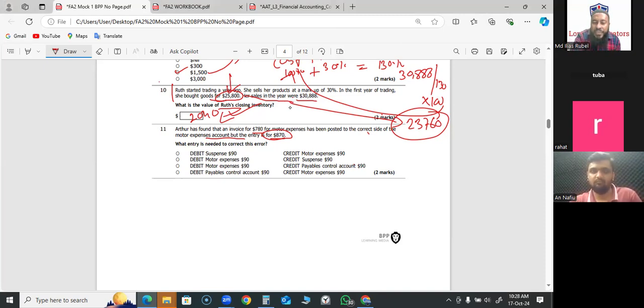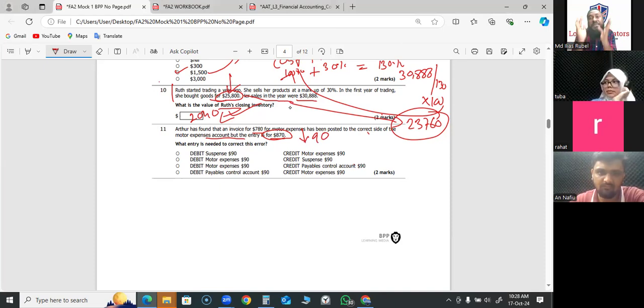At first, you need to make your motor expense down by 90. Motor expense is an expense, and expenses are debit, so you need to make it credit. So this can be your answer, or that can be your answer: A or D. But this is a suspense account question, because Arthur found the motor expense has been posted on the correct side of the motor expense account. It is a one-sided error.